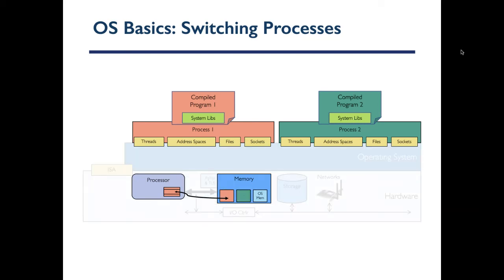The things that are important to us now, when the processor is running process 1, the registers inside the processor are getting updates from the memory that is associated with that process. Now, if I want to switch from process 1 to process 2, well, I got a question.